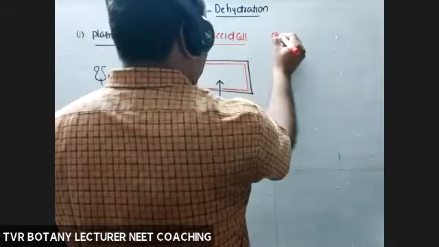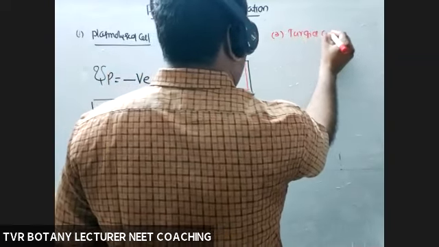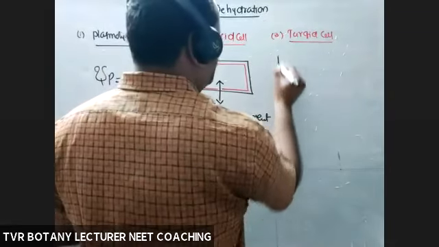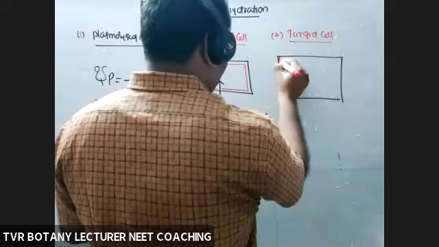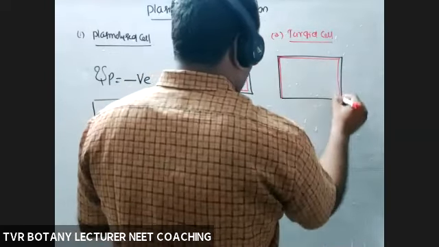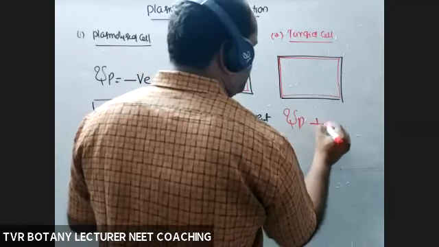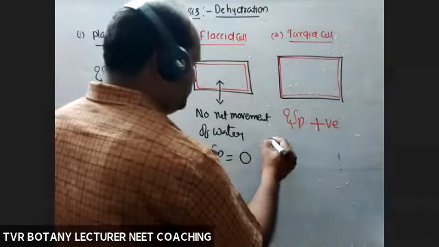Next, a third one, turgid cell. Not a fully turgid cell, just a turgid cell. In a turgid cell, take the Psi-P value as positive only. Next, one more question, the fourth one.